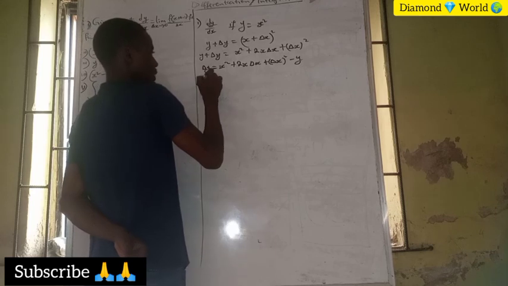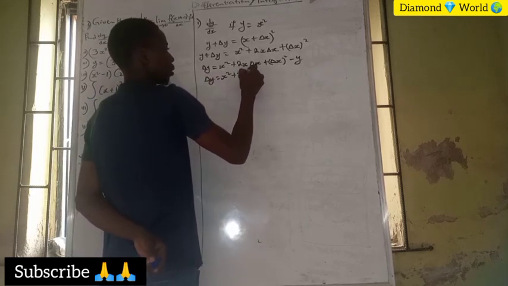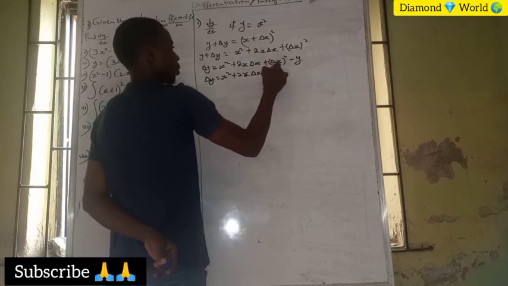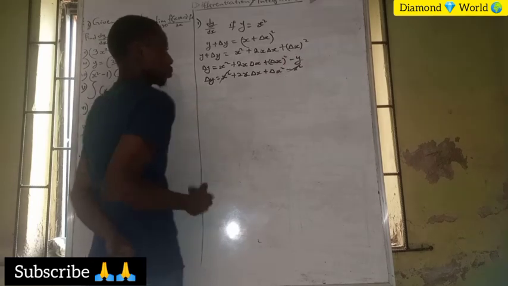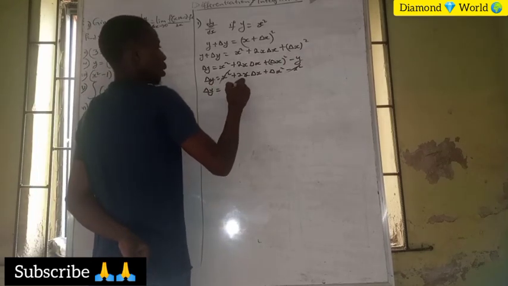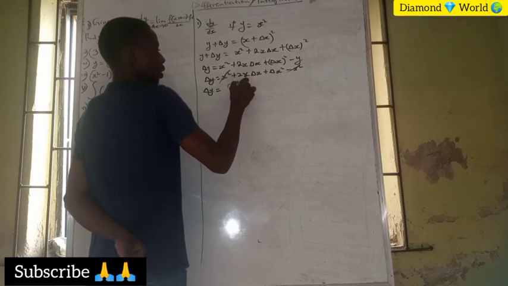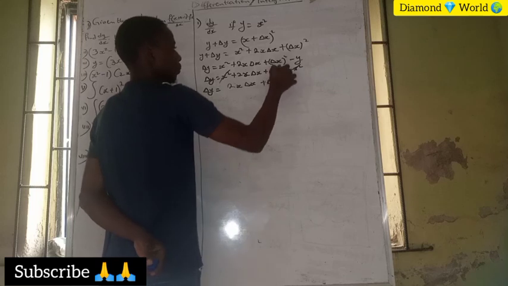And what is our y initially? Our y initially is x squared. So x squared can cancel x squared. So we have change in y equals 2x change in x plus change in x squared.